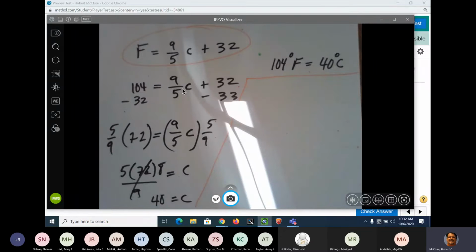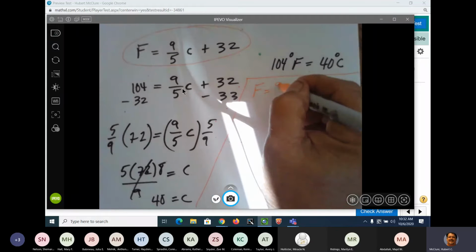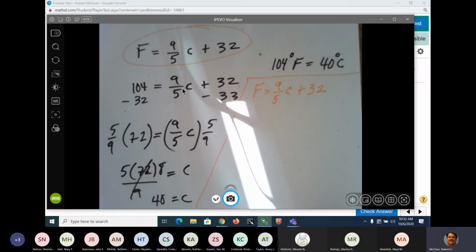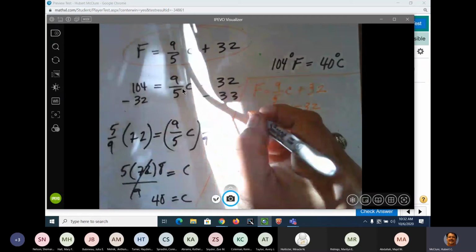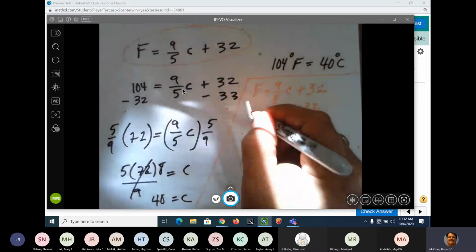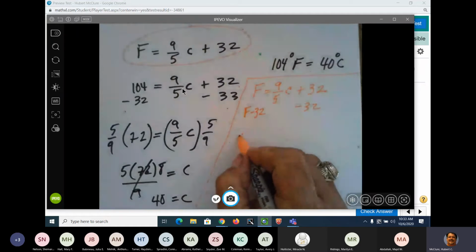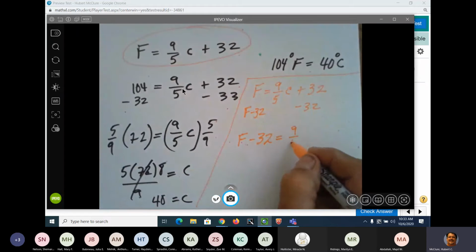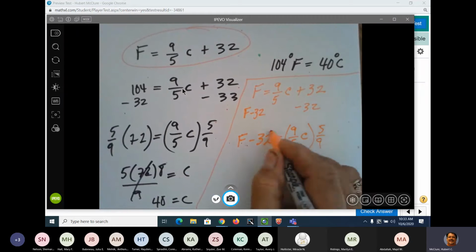That blind, I think. Okay, F is equal to 9/5 C plus 32. And minus 32, yeah, that's it. Okay, minus 32. So F minus 32 equals 9/5 C. And then multiply that by 5/9.